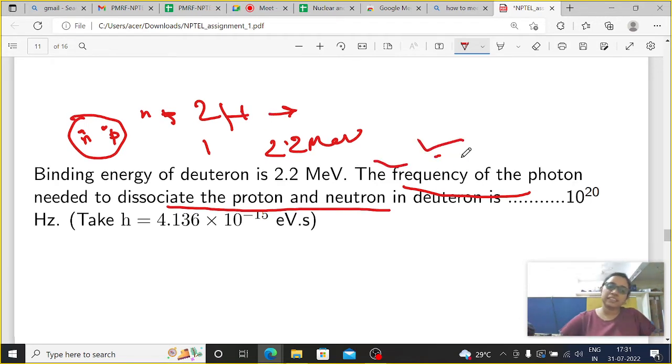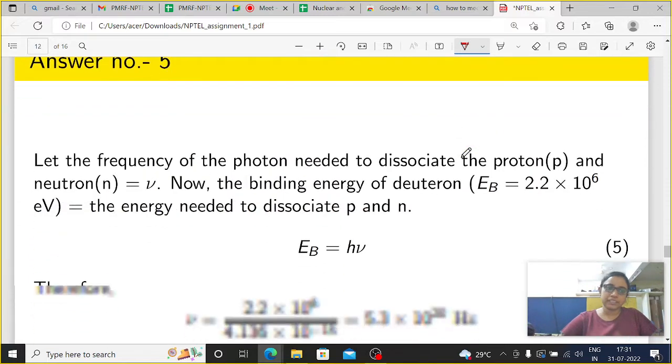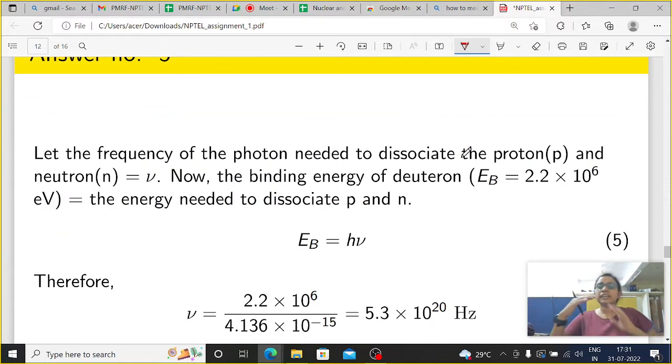It's a very simple question, because we can assume that the frequency of the photon to dissociate the proton and neutron will be nu. Now the binding energy of the deuteron is basically 2.2 into 10 to the power 6 eV, because it is given already as 2.2 MeV. The binding energy is basically the energy needed to dissociate P and N, proton and neutron.